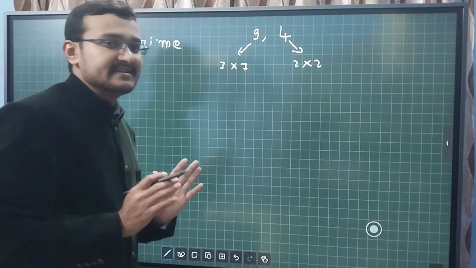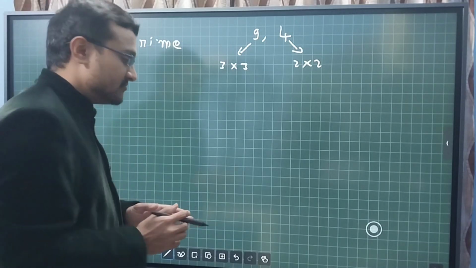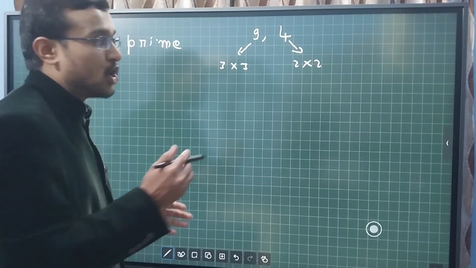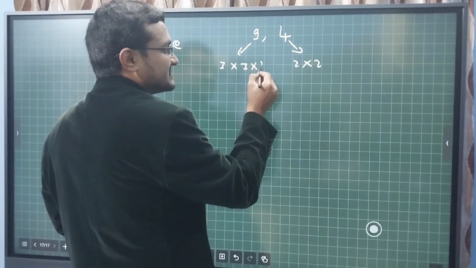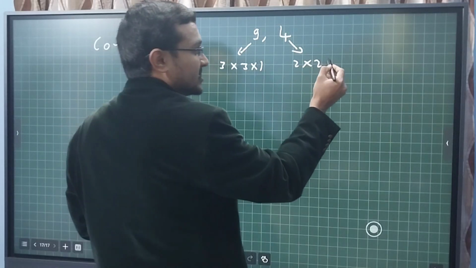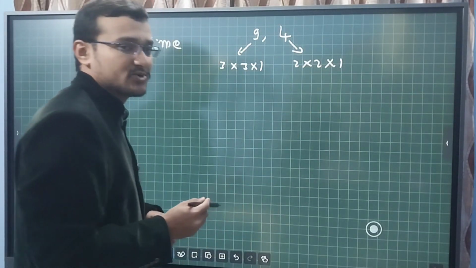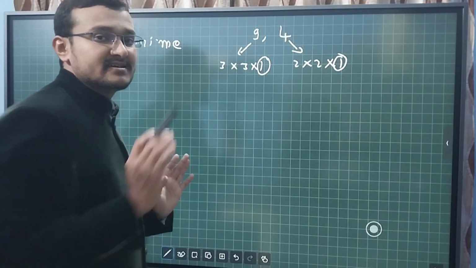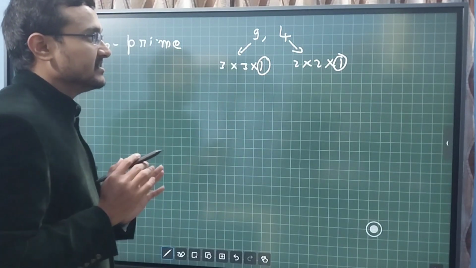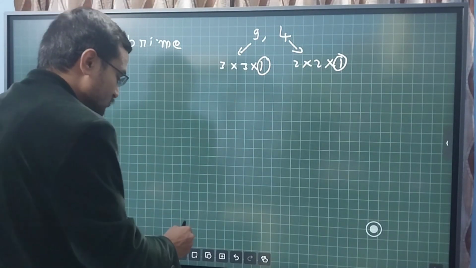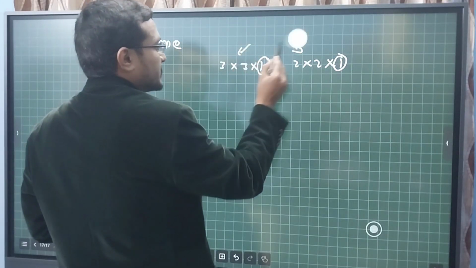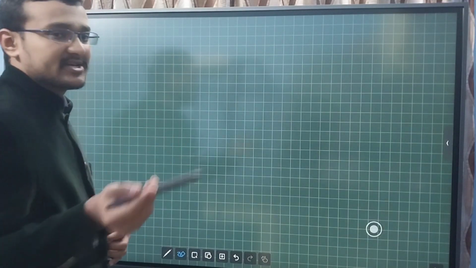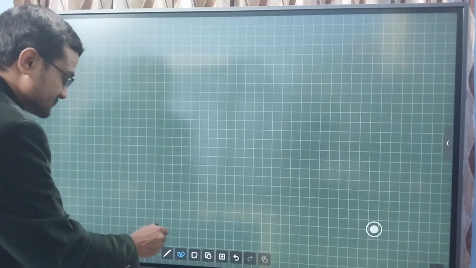They don't have any common factors other than 1. So that's why 9 and 4 are known as co-primes. I explained this just to make you understand what co-primes are.